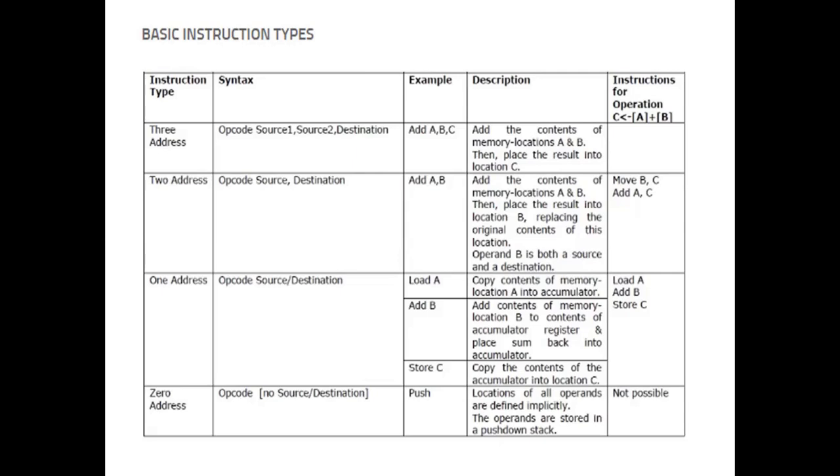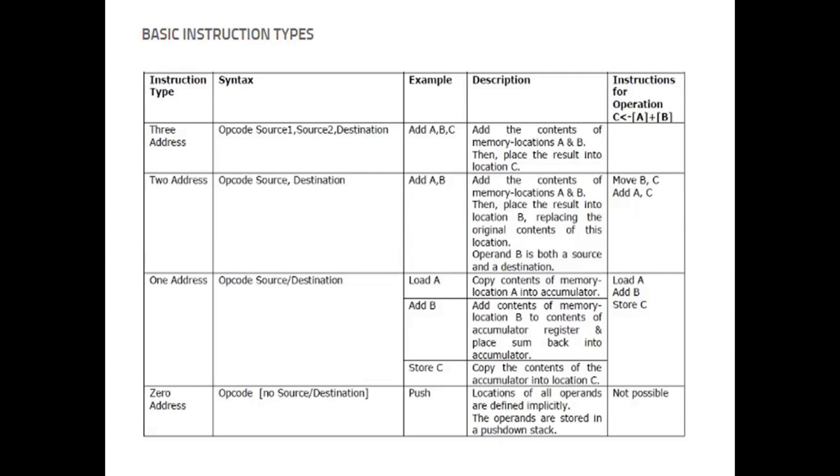Based on the operands used, we can classify into these 4 types. First we discuss 3 address instructions. The syntax or structure of the 3 address instruction is: first opcode, then source 1, source 2, destination.